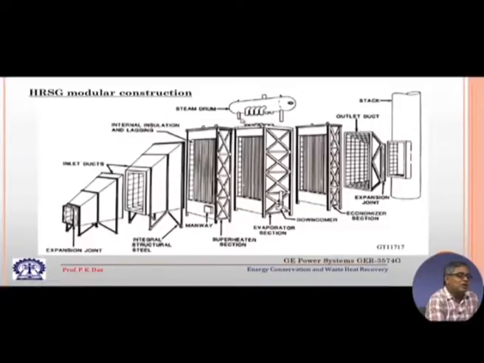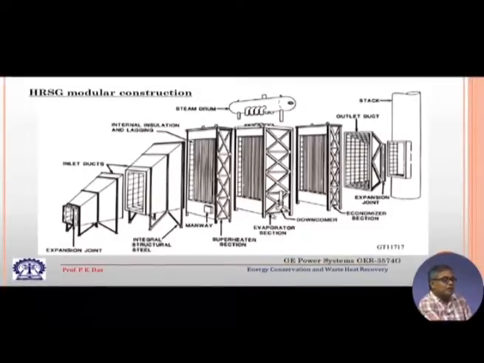Then there are downcomers. Downcomers will be tubes of larger cross section, but their number will be less, and through downcomers generally only liquid comes out of the steam drum.